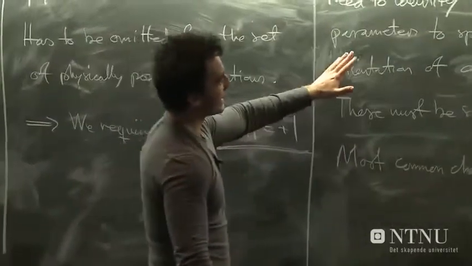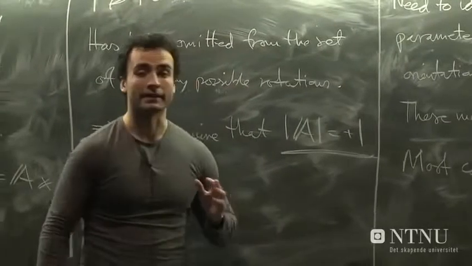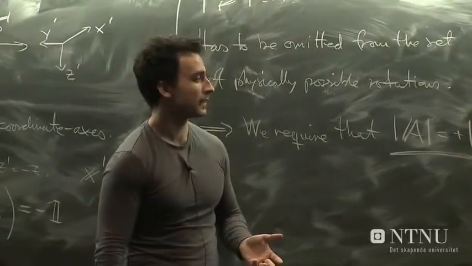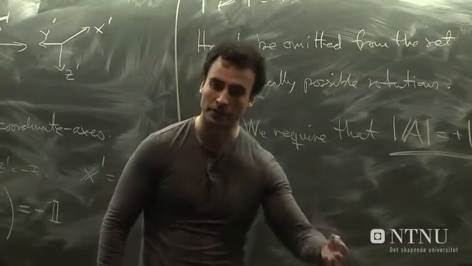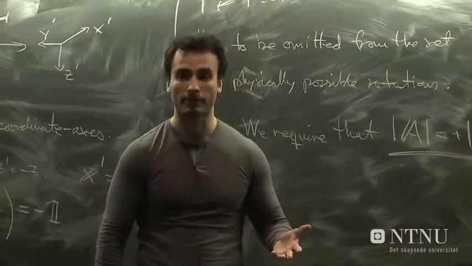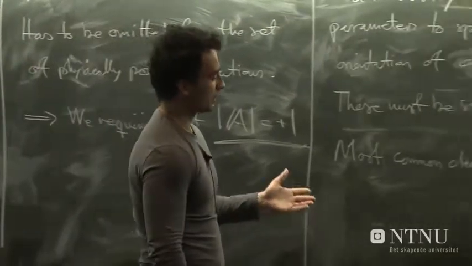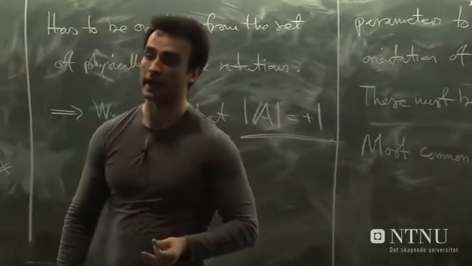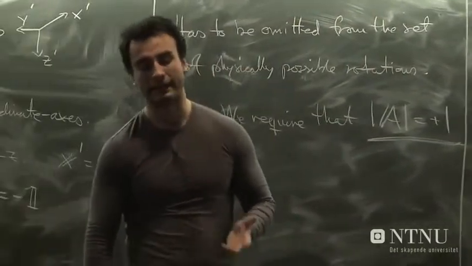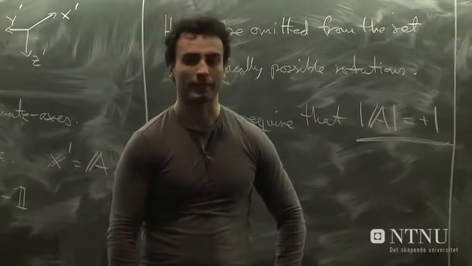So we need 3 independent parameters, or generalized coordinates, to specify the orientation of a rigid body. And these coordinates must be such that the determinant of the corresponding transformation matrix is equal to +1 and not to -1. And as we will see in the next lecture, the most common choice for this are the Euler angles. And we'll have a detailed look at them next time. Okay, see you later.